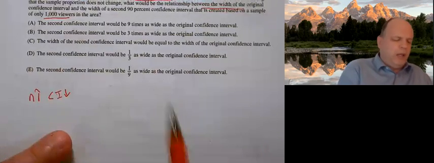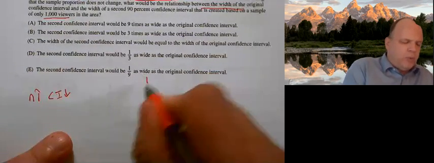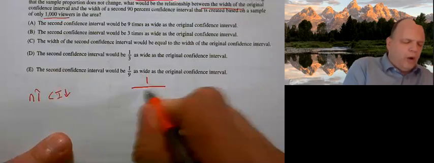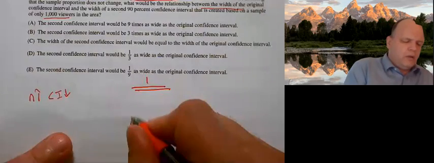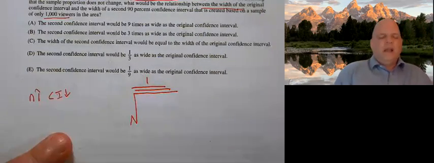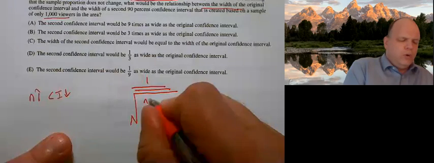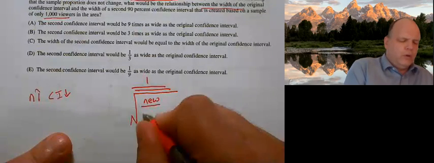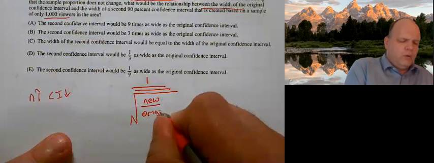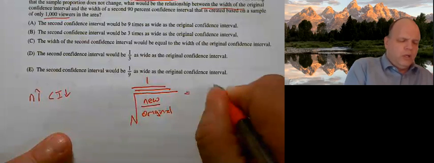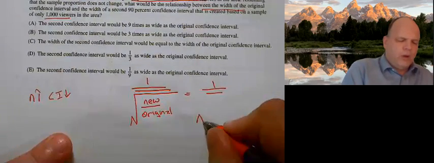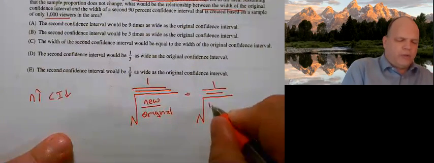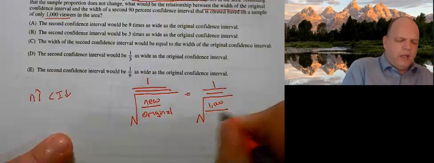But there's a little formula that I kind of created that might help you with this. It's always going to be 1 over, and I'm going to do the double fraction line, then new over original equals 1 over. Well, our new was 1,000 and our original was 9,000.